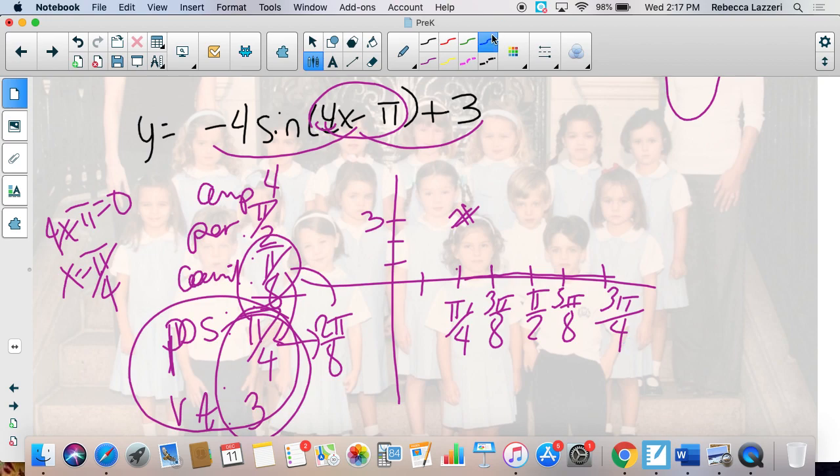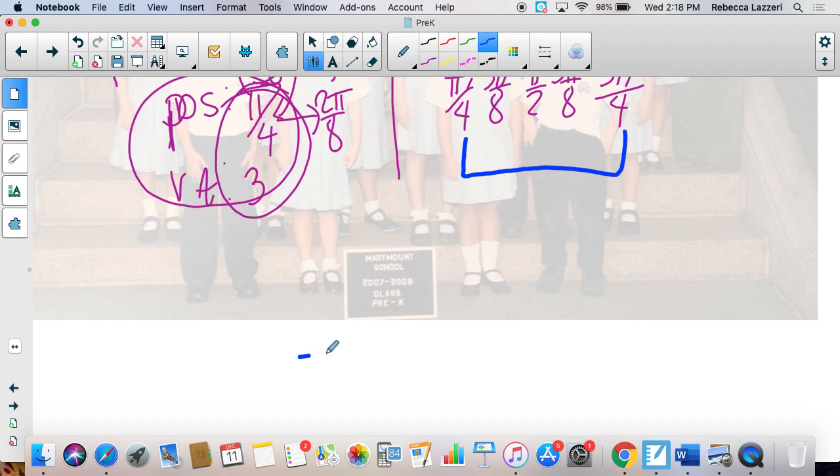Now, just for argument, just so you see this, what period of time have you marked off on your axis? How far is it from 1 pi over 4 to 3 pi's over 4? Isn't it 2 pi over 4? From 1 to 3? And 2 pi over 4 has a chunk of time that's a period of pi over 2. So what we're doing now is really more realistic.